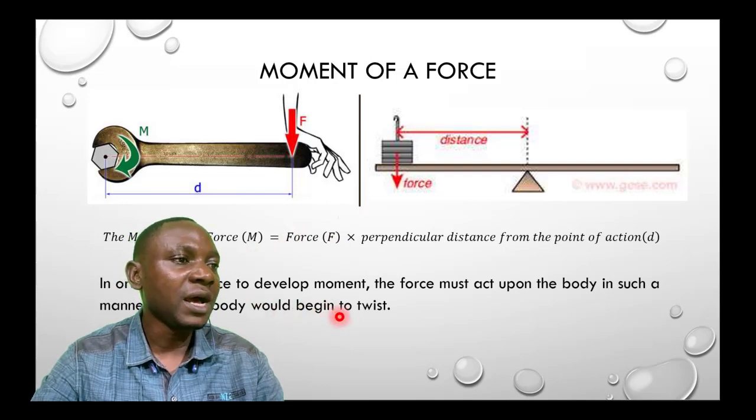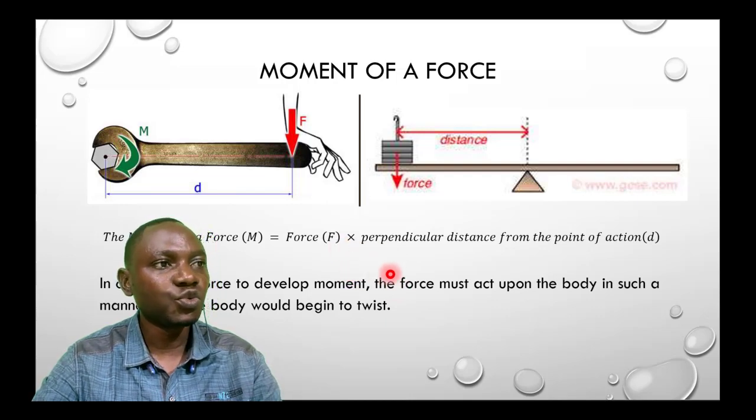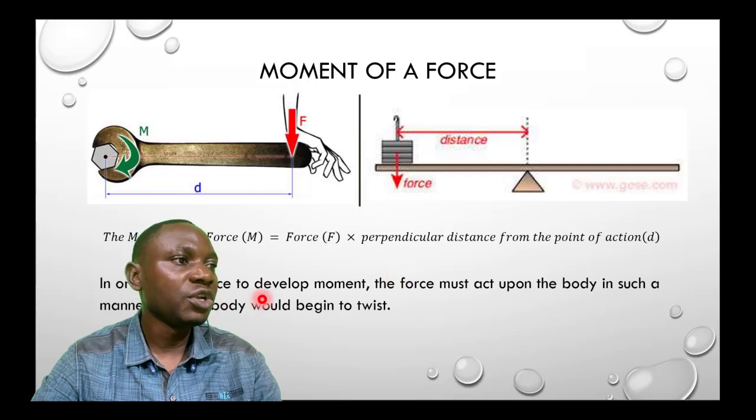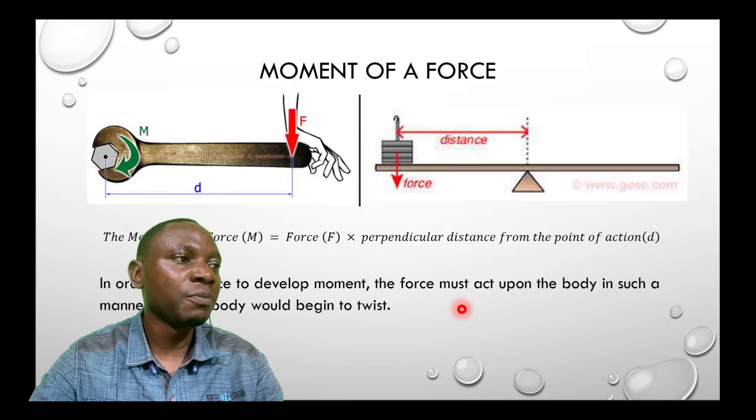Now, a formula for calculating moment of a force is force that is applied multiplied by the perpendicular distance. This formula is very important because as you progress in this work, you will need it. So in order for a force to develop moment, the force must act upon the body in such a manner that the body will begin to twist.